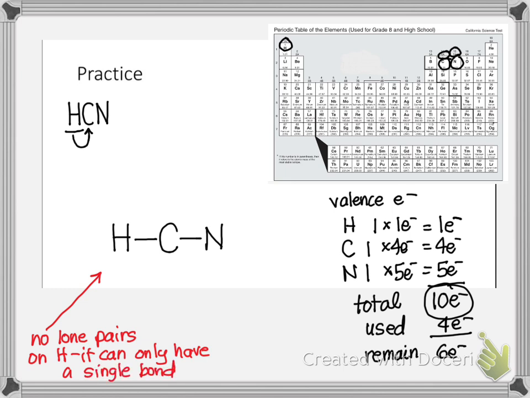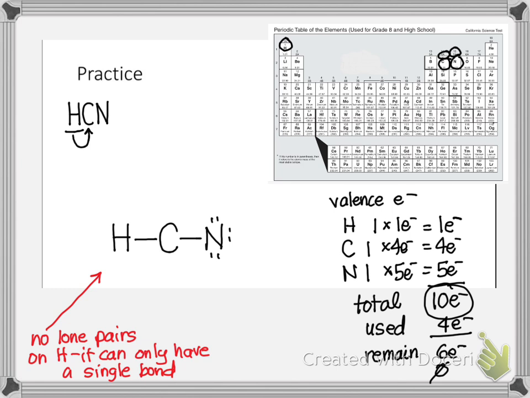It can only have a single bond, so that one's done. I have 6 electrons, and so I place them on nitrogen. Now I have 0. I don't have any left to place on the carbon. So I know there's something going on here.